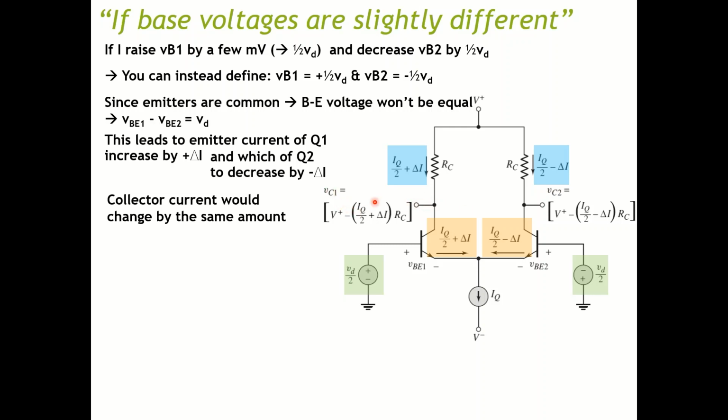So you have VC for both, then you can calculate the output VC2 minus VC1. Then you can have the output voltage equal to 2 delta I multiplied by RC. So from here you can see that the output is no longer equal to 0.